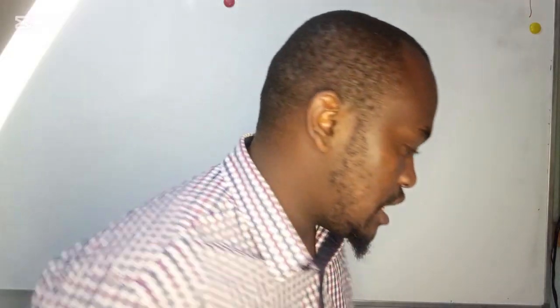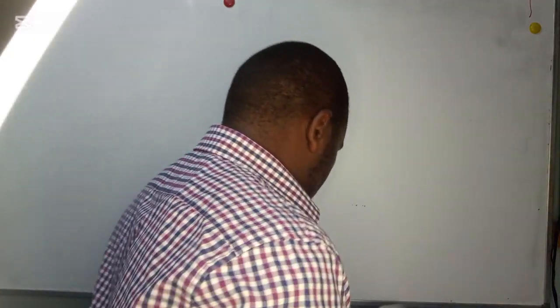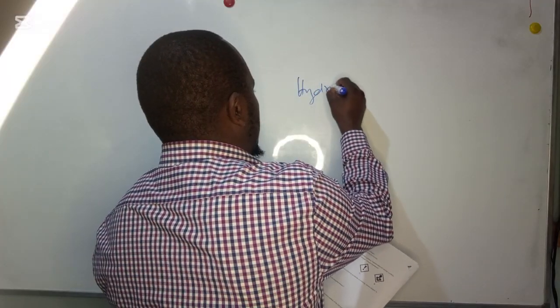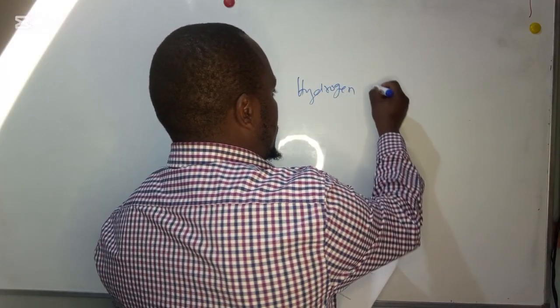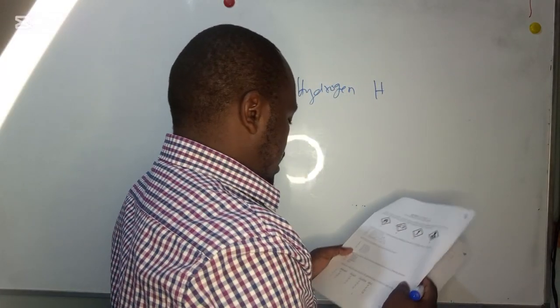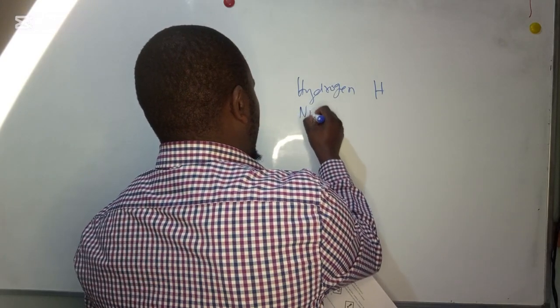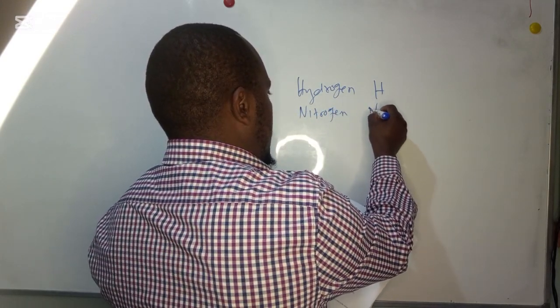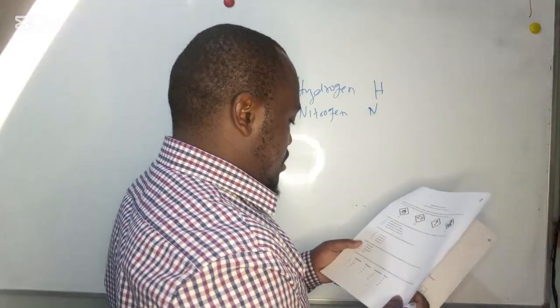So this question wants to test whether you know the chemical symbols of the various elements. So we know that the chemical symbol for hydrogen is H. The chemical symbol for nitrogen is N. Remember it's a capital.